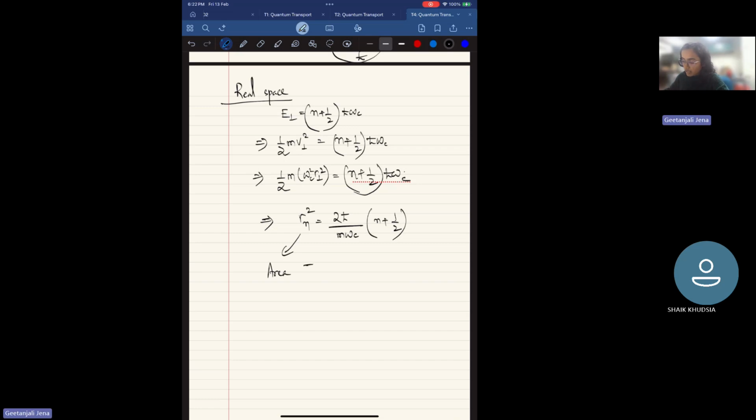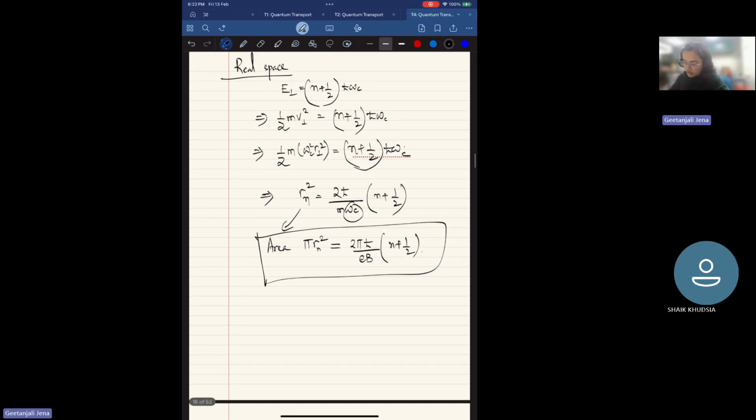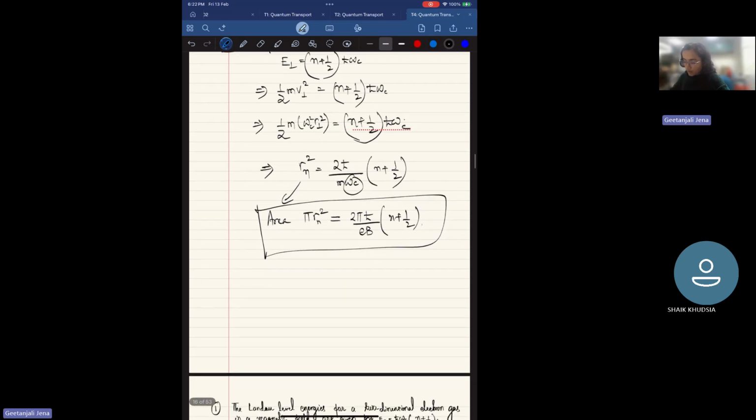So area will be pi Rn square, which will be 2 pi h cut, and if you put omega c as eB by m, this is eB, n plus half. So in real space also, the area is quantized. And from this, we can calculate one of the quantities that we are more interested in during the experiment.